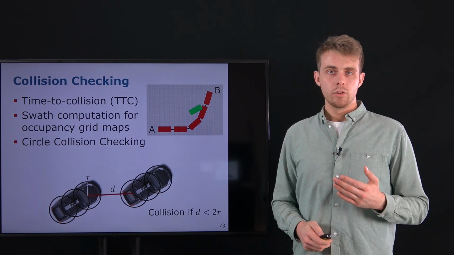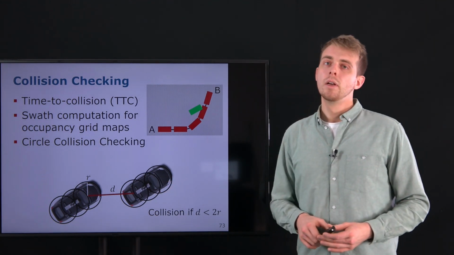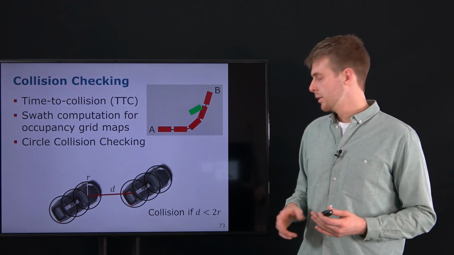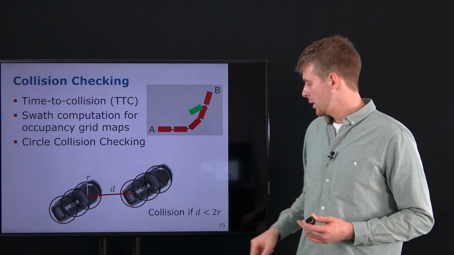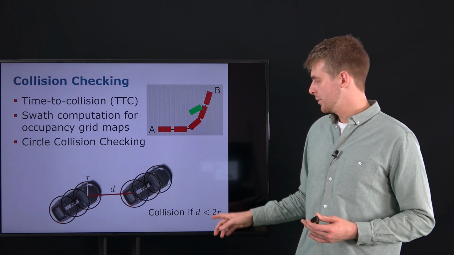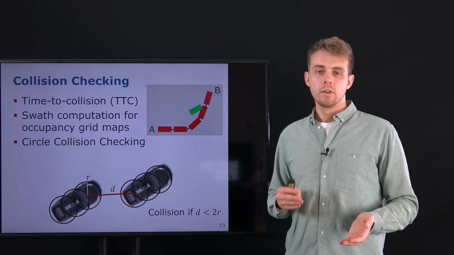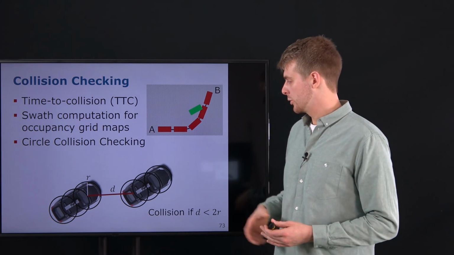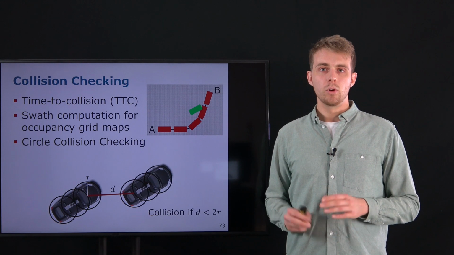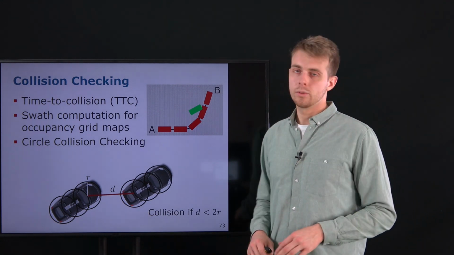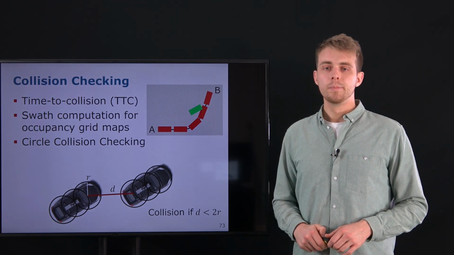And then we check for a collision for each pair of these circles by comparing the distance between the two centers of the circles, and there will be a collision if this distance is smaller than 2 times the radius in this case. So this is very efficient, because we just need the 3 circles and a couple of checks between them in order to say whether there will be a collision between these 2 cars at this specific time.